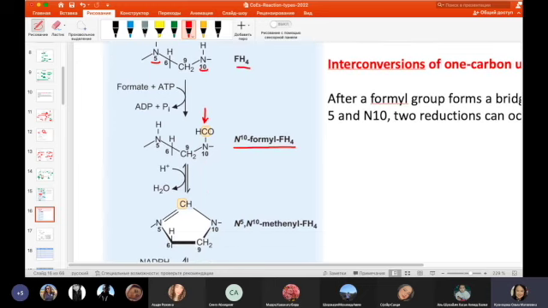Elimination of water from this compound leads to formation of the bridge between N5 and N10. Therefore, this form of the folic acid is called N5,10 methenyl tetrahydrofolate. Methenyl, the double bond here.